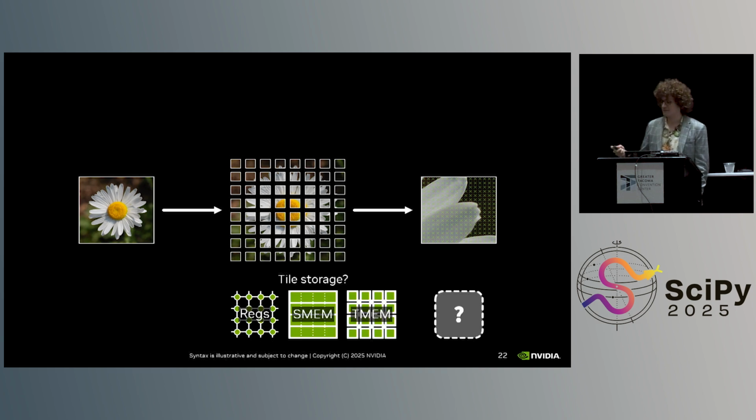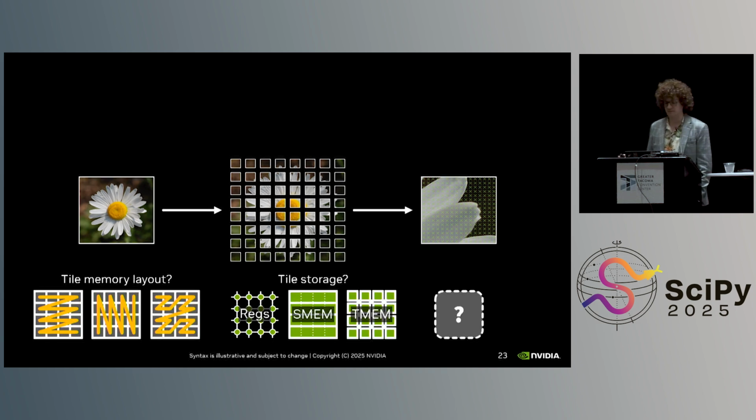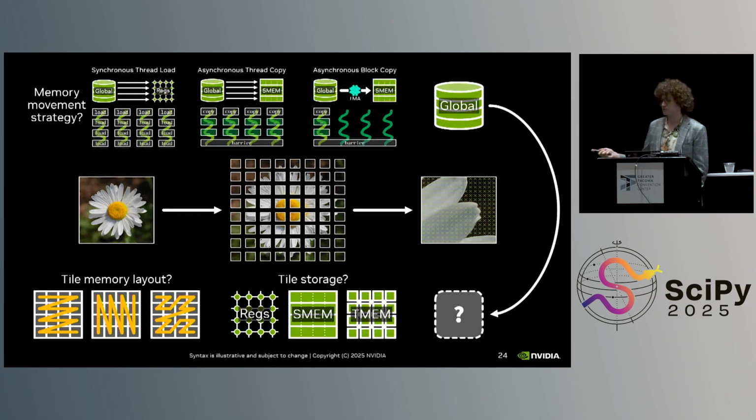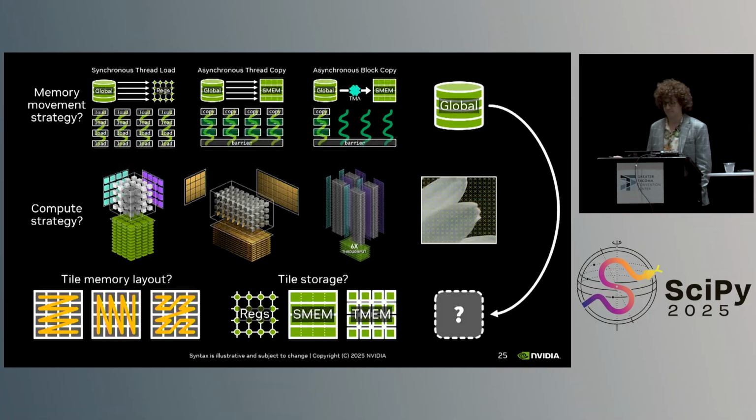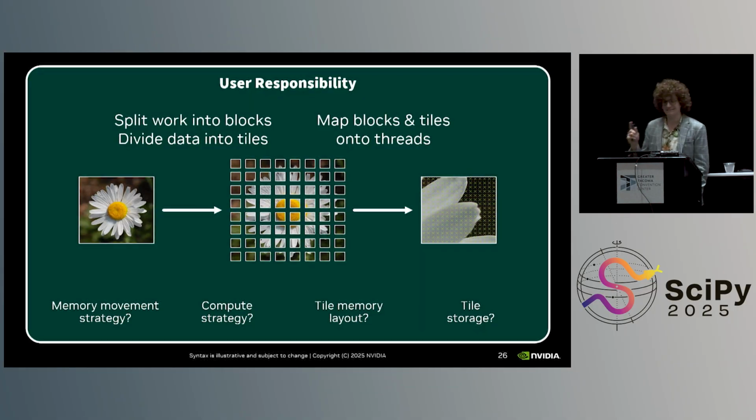Where does each thread keep copies of those elements? How should those local copies be laid out in memory? How does each thread load and store those elements from global memory? How does each thread perform computations? In SIMT, the user is responsible for answering all of these questions by picking from the many tools that are available.